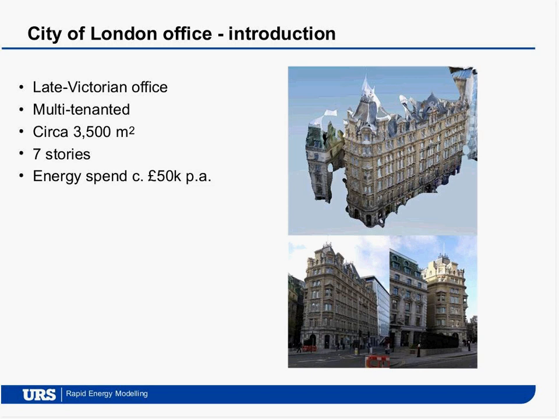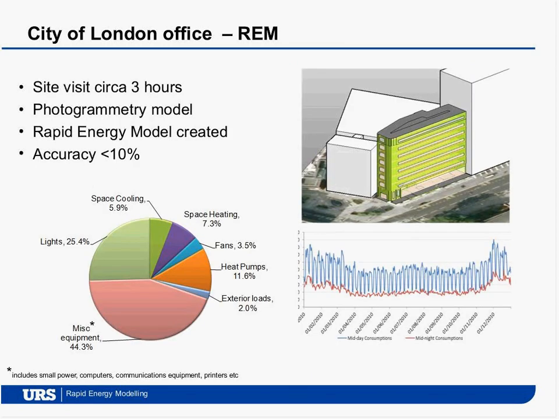It's been refurbished quite recently, so it's got a fairly modern VRF heating and cooling system. We went to site and were there for around 3 hours. We used the photogrammetry technique.